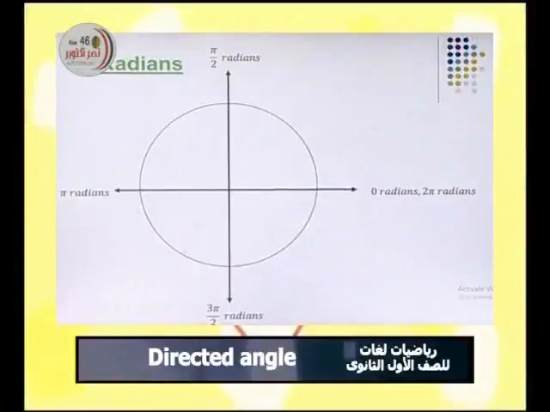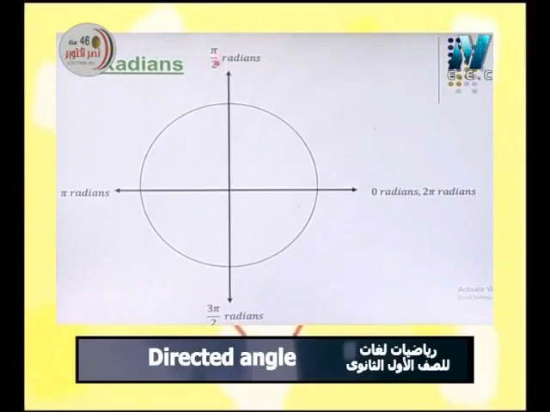let's go here to the radian measure for the circle. The circle divided into 4 quadrants, as you see now here. We have here the first quadrant, the second quadrant, the third quadrant, and the fourth quadrant. We have the first, which is included between 0 and 90. 90 here, we call it pi over 2, because pi equivalent to or equal 180.